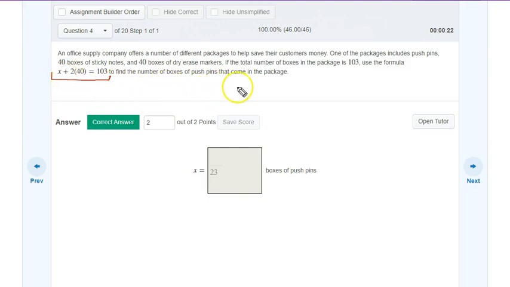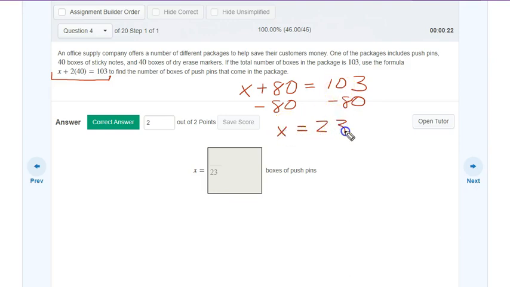So for this, it would be x, and then 2 times 40 is 80. See, I'm simplifying. And that equals 103. So to solve this, then, you would subtract 80 from both sides, and you get x equals 23. And that's what we have.